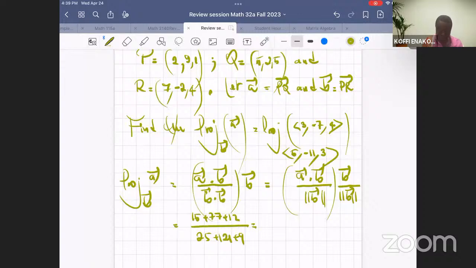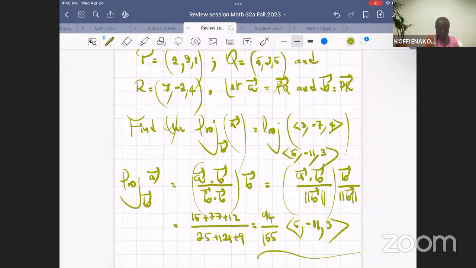That would be 884 divided by 155, times the vector B, which is 5, -11, 3. So the projection goes fast.